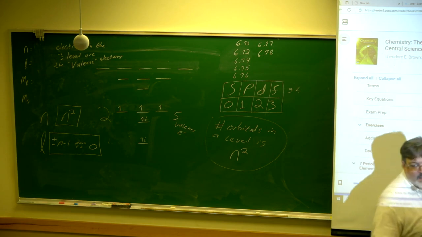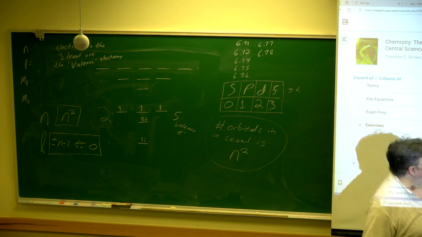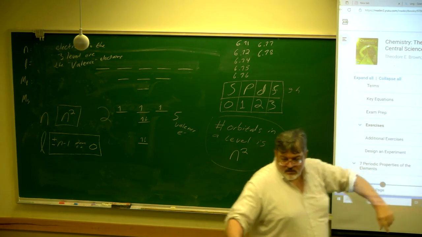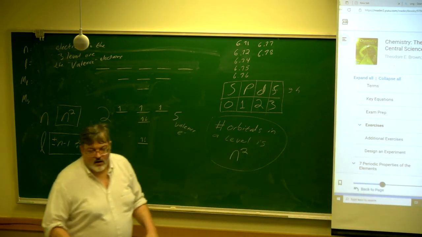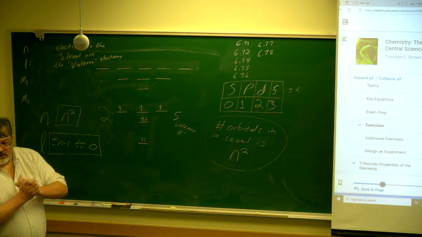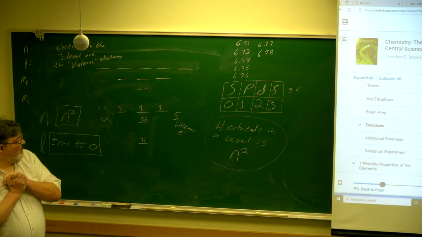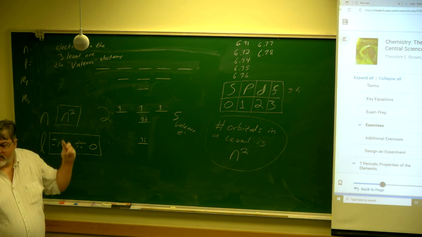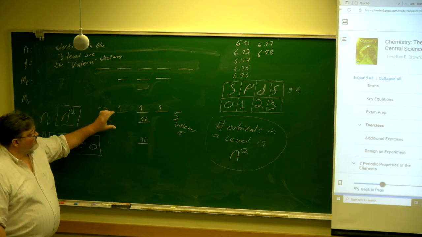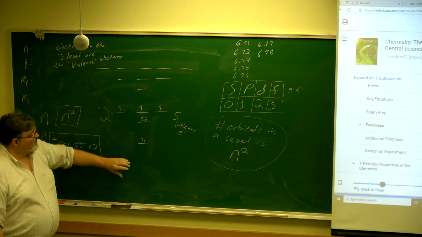Oh, and every one of these that I've been doing since I've been talking up here today, this is the ground state. We'll talk about the non-ground state, also known as an excited state, later. I don't think we'll get there today. So these are all ground states that I've been drawing up here. So 3 unpaired electrons, 5 valence electrons, there's 2 in the core.